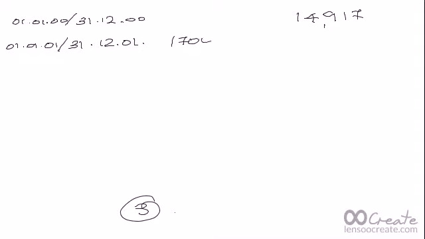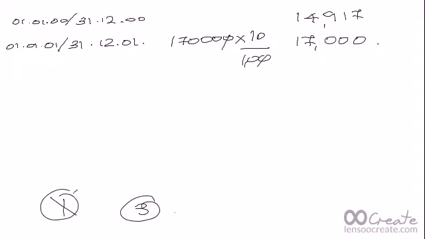So 170,000 into 10/100, 10%. That will be 17,000. This is for the second financial year. 1 is done, 2 is done. Now we have to calculate for the third.